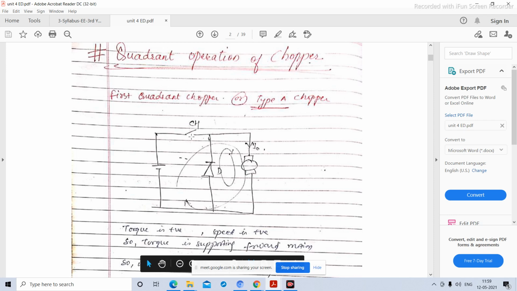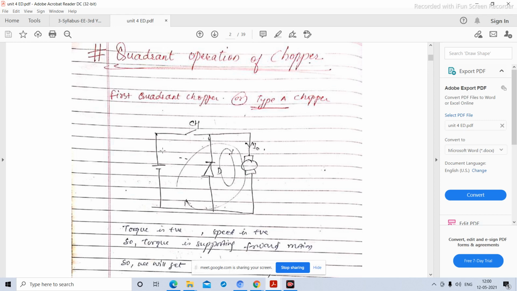Here a diagram is showing a first quadrant chopper, also known as a type A chopper. In the type A chopper, the motor is connected across a freewheeling diode, and this set is connected in series with the chopper.